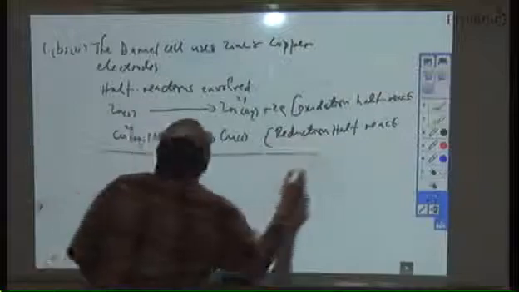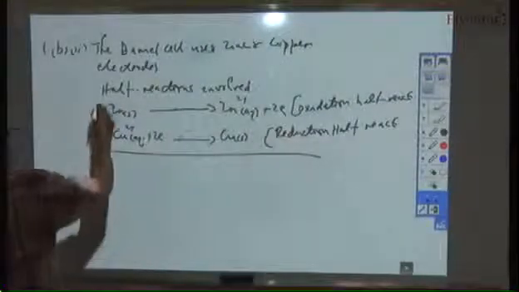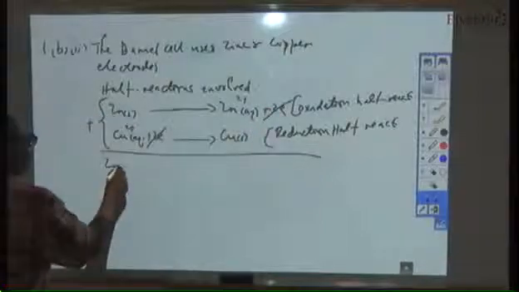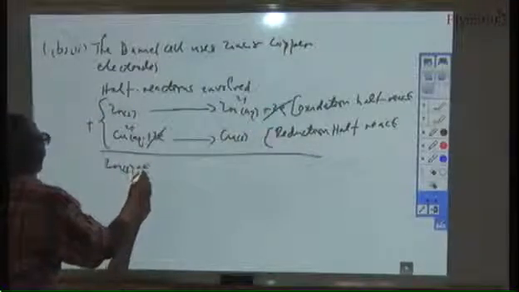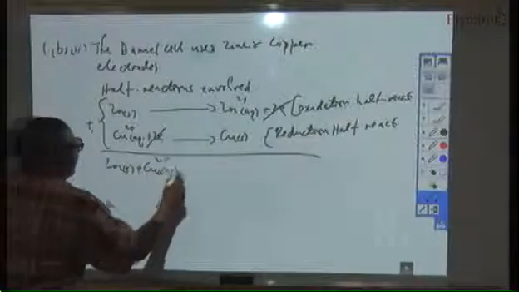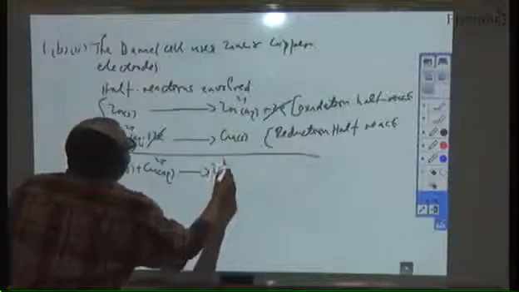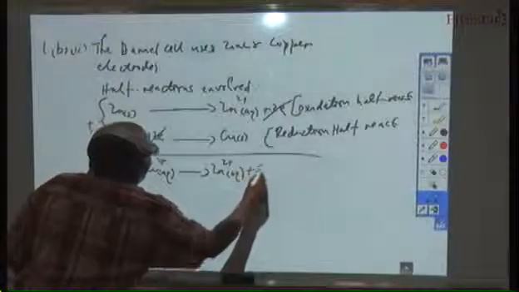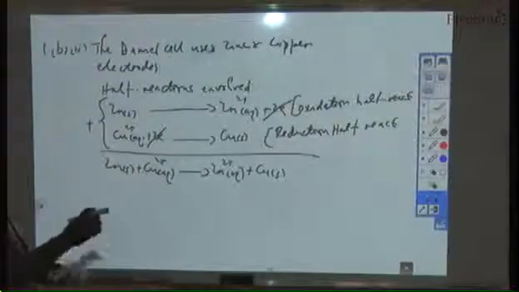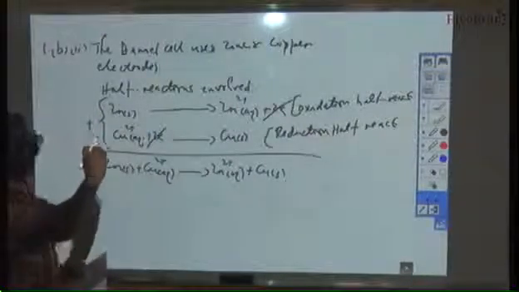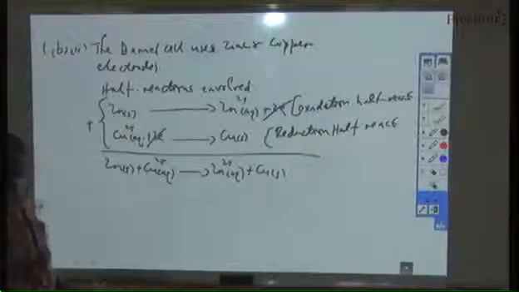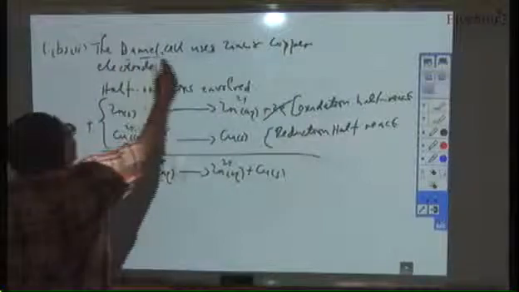Then the overall is the summation of these. So this is the overall redox reaction which generates electricity in the Daniel cell.